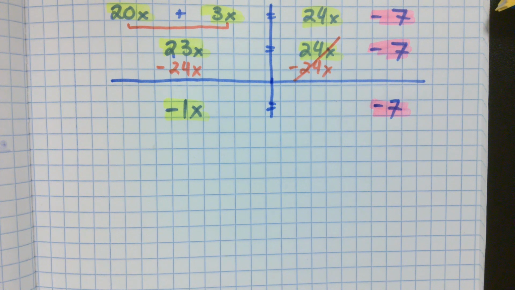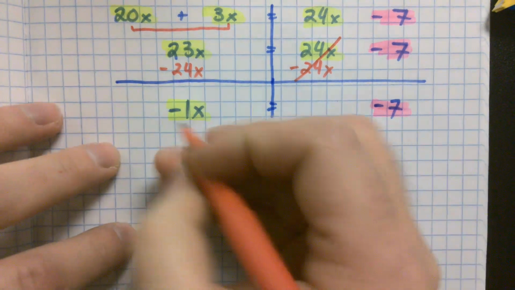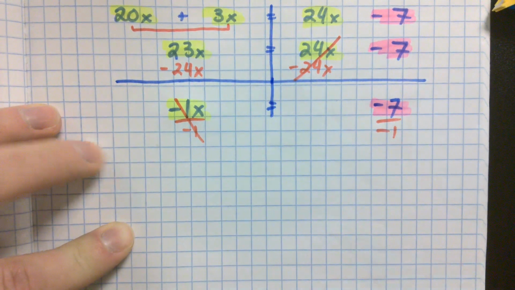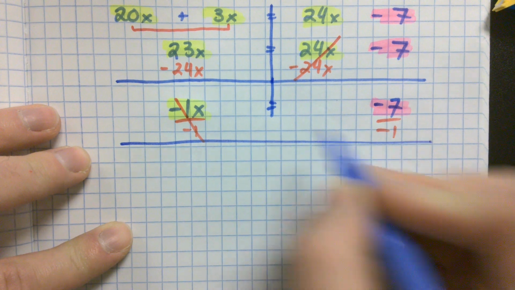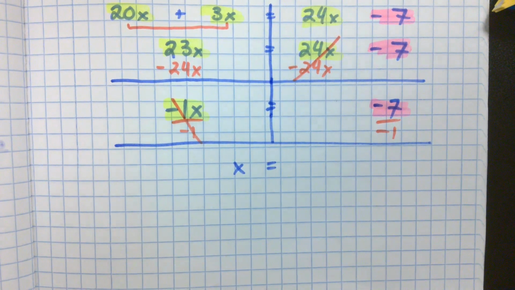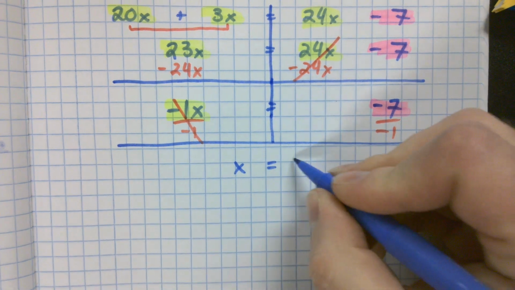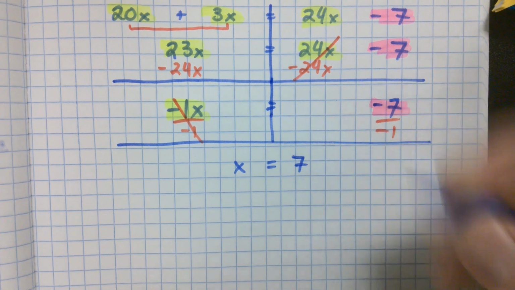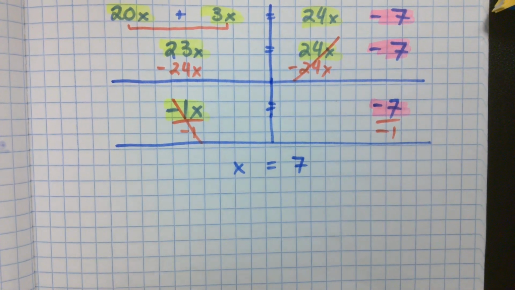But it's not here. What do we want to divide both sides by? Negative 1. The negative ones on the left cancel out. I'm left with x equals, what's negative 7 over negative 1? Just 7. The negative signs cancel out. 7 over 1 is just 7. Boom. There's my answer.